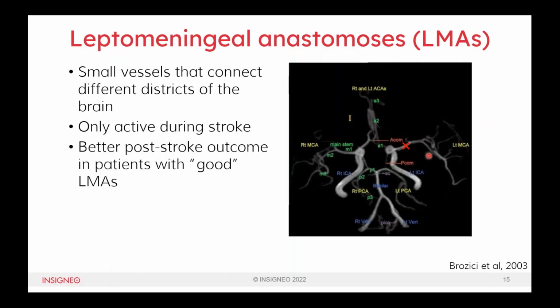What happens is that when the MCA is occluded, there is a flow redistribution inside the brain, and this changes the pressure in the vessels, and this change of pressure induces a pressure gradient at the extremities of the leptomeningeal anastomosis, which again are here but not visible.